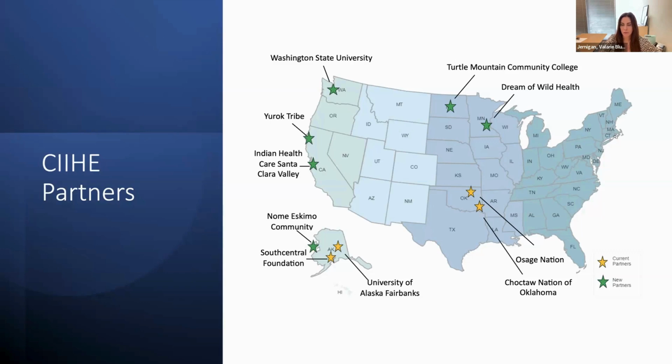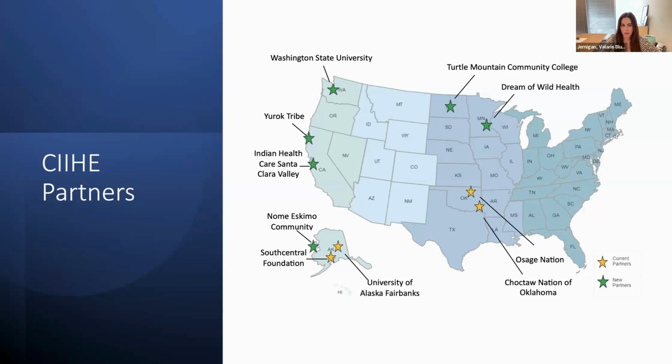And so those partners are with the green stars, and they include Nome community in Alaska, Washington State University. Jessica Ulrich is a member of the Nome community, and she is working with us there.